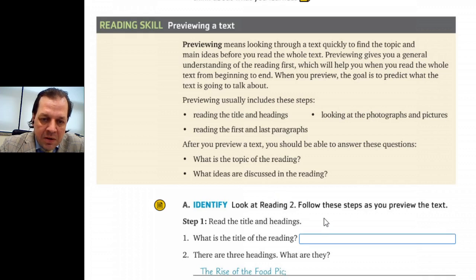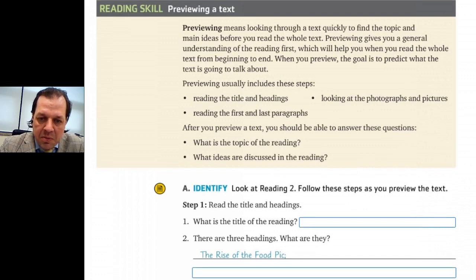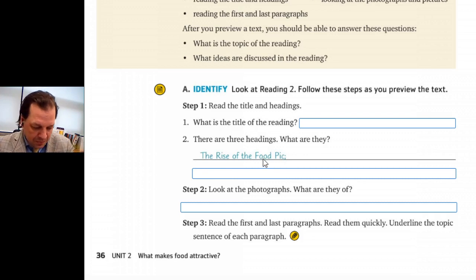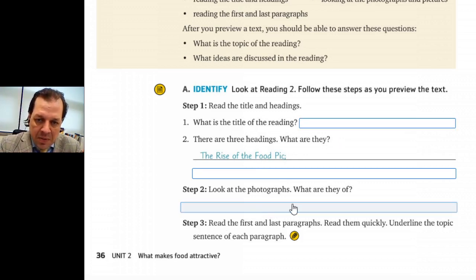So looking at reading 2, follow these steps as you preview the text. Okay, you're going to be previewing. What is the title? There are 3 headings. What are they? There's one already. Okay, if you haven't seen the title already, it's called Eating with Our Eyes. Look at the photographs.